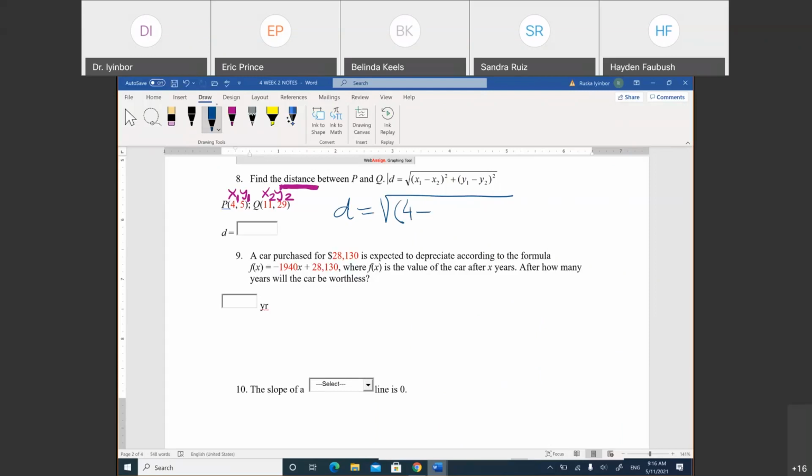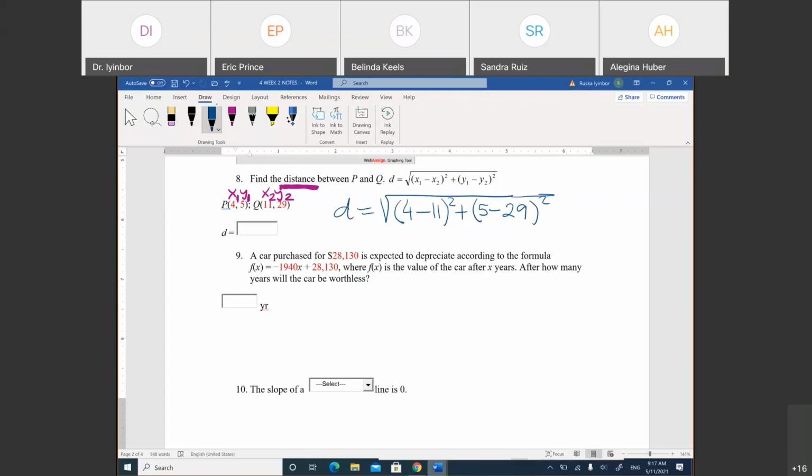Are you guys with me? 11. That's right. And parentheses square plus, what is Y1? What is the number for Y1? 5, 5 minus, what is Y2? 29. Thank you, 29. Parentheses square.